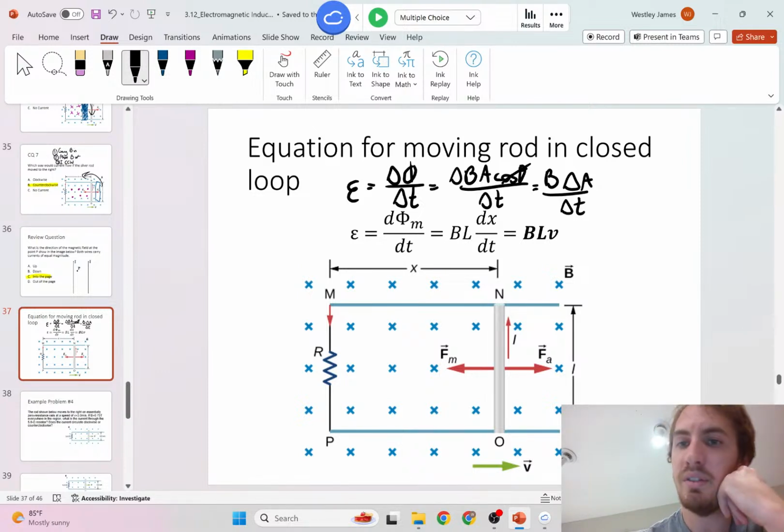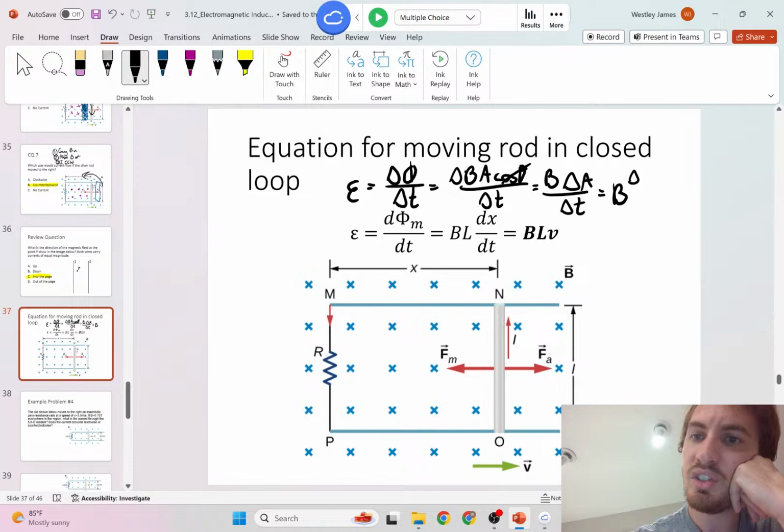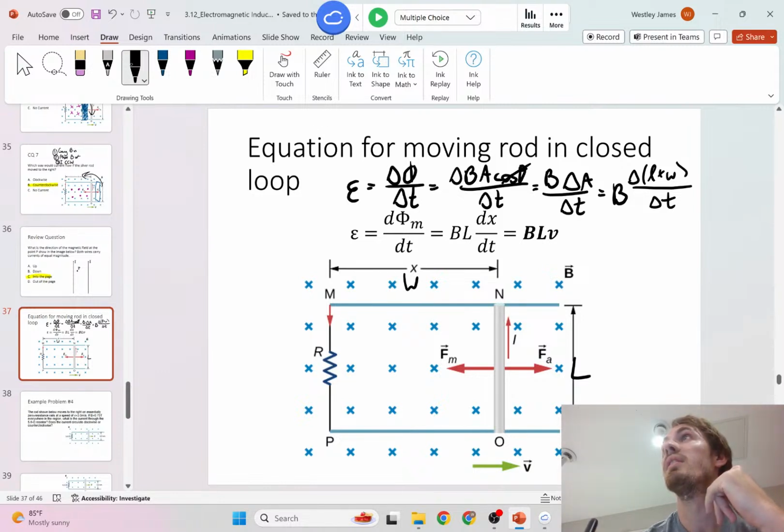What's my area? Let's unpack that one more step. My area is length times width. We're going to call this thing the length and this thing the width. My length isn't changing. My silver rod isn't getting any bigger or any smaller.